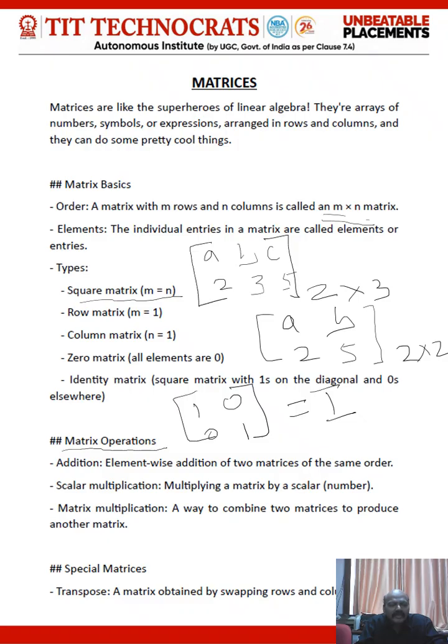So matrix multiplication is there. You have already studied matrix multiplication. Now there are some special types of matrix. Transpose: interchanging rows and columns of the matrix, we get the transpose of the matrix.